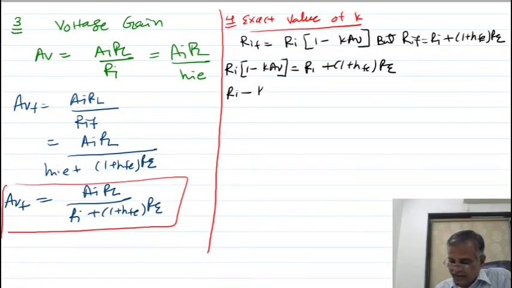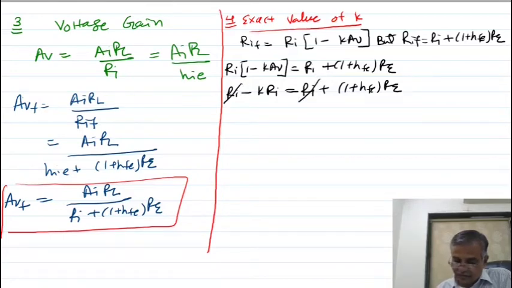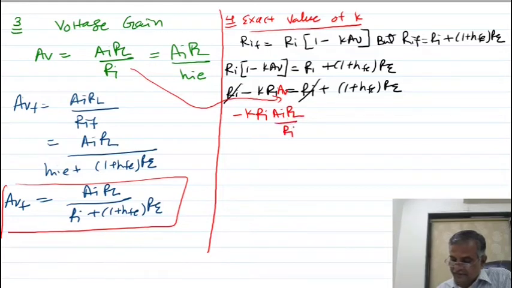Ri minus K into Ri Av is equal to Ri plus 1 plus HAB into Re. This is cancelled, so minus K Av Ri is left here. What is Av? Av you can put here. Av is nothing but AI RL upon Ri, 1 plus HAB into Re.